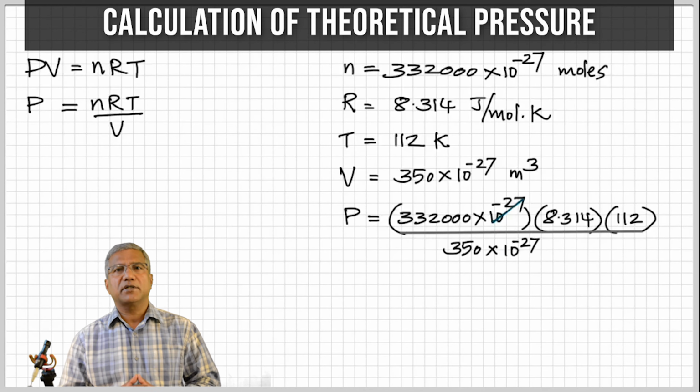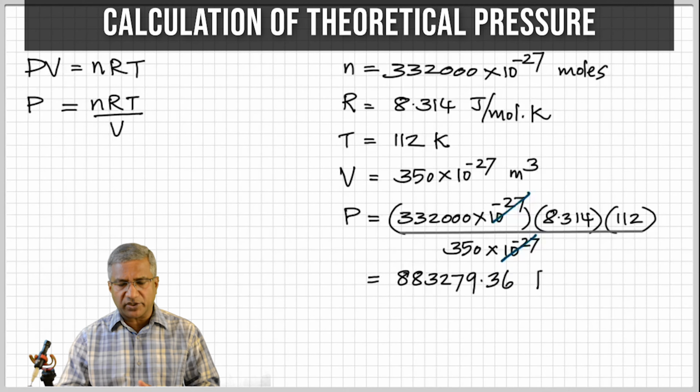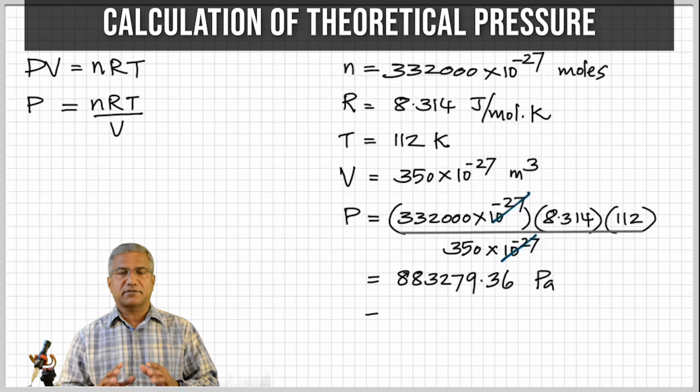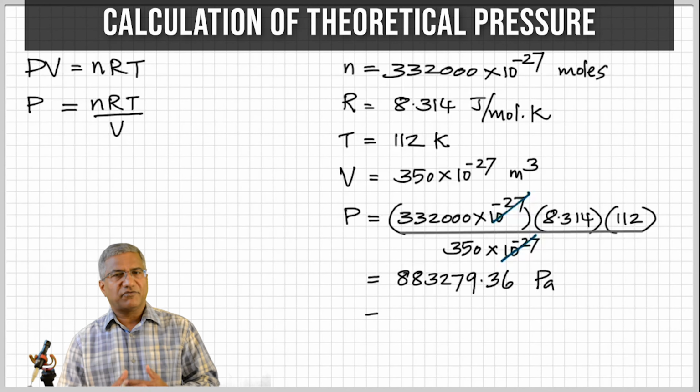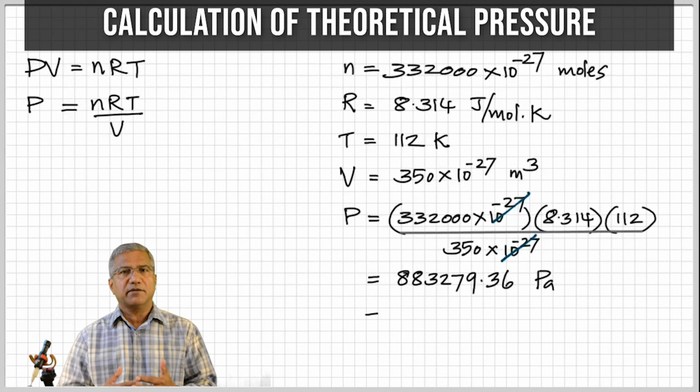Just a matter of substituting that and calculating, which gives us 883279.36 pascals. So we get the pressure in pascals. But in the simulation, you could get it in pascals or you could have it in ATM. So I think I'm using ATM.